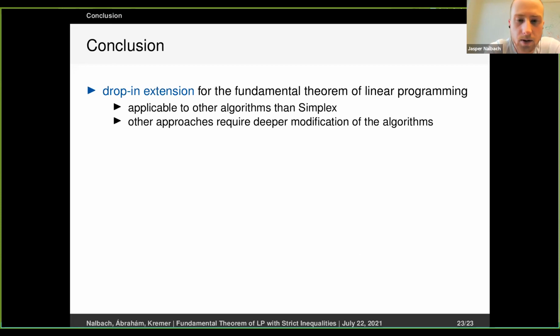Okay, so to conclude, what we saw is a drop-in extension for the fundamental theorem of linear programming, which allows us also to handle strict constraints with all algorithms that rely on this theorem, especially also applicable to other algorithms than Simplex.